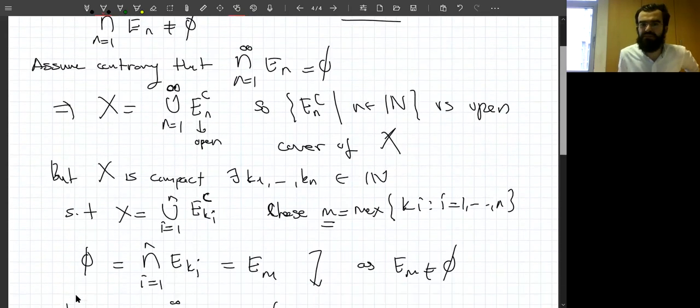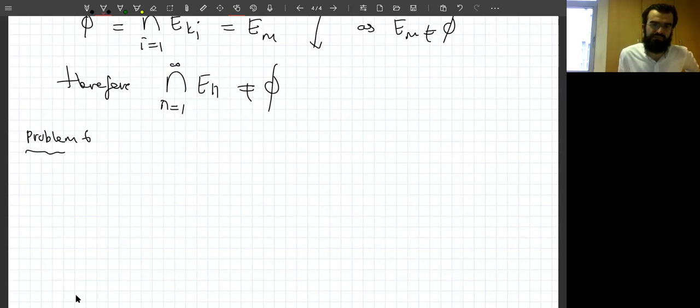No. Problem 5 or 6? Problem 6. We have a sequence in a compact space.